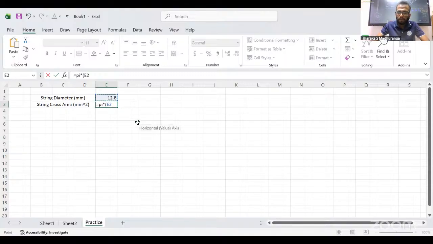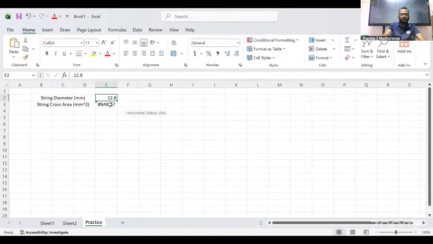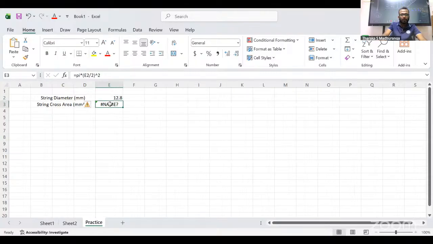E2 divided by 2, then squared. This upper arrow mark is squared, right? Now the function is done. You can type enter. There is an error. Wait.